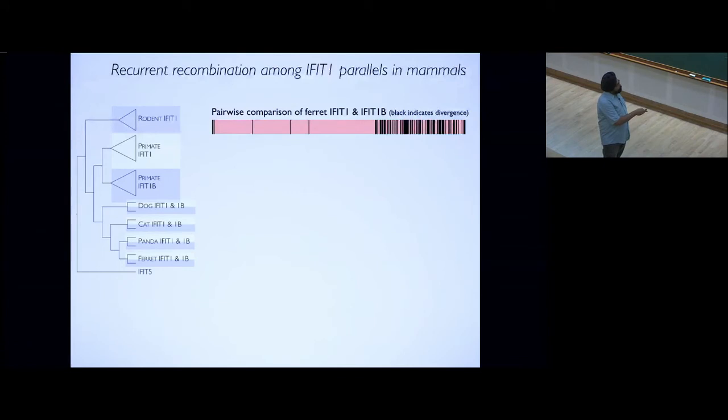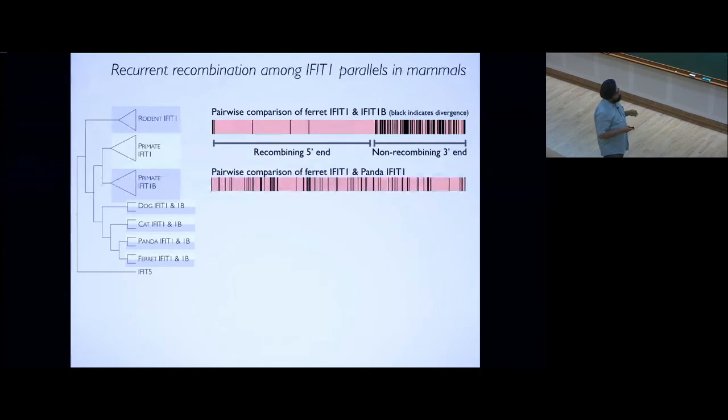But when we looked in the first two-thirds, hardly any differences, right? Almost as if the evolutionary history of the first two-thirds of this IFIT gene and the last third is completely different. They might as well be completely unrelated genes, but they are not. And what this means is that, in fact, gene conversion or recombination of some sort is constantly churning out or homogenizing the first part of this gene, but leaving in place the second part of the gene.